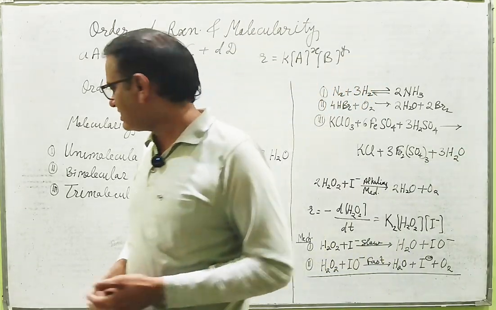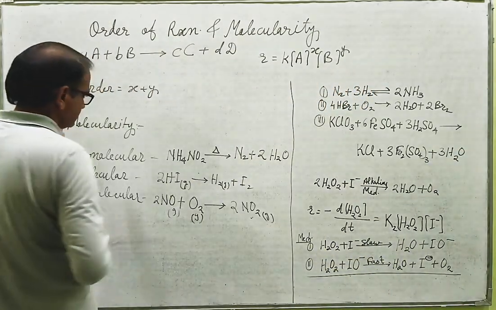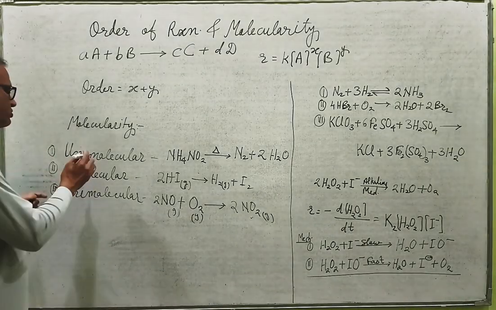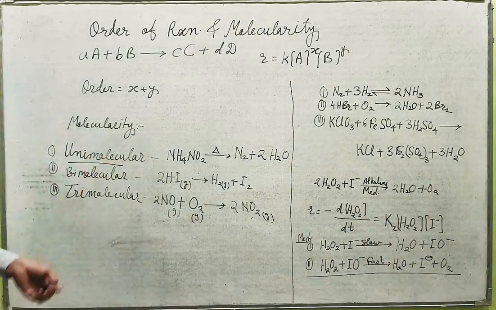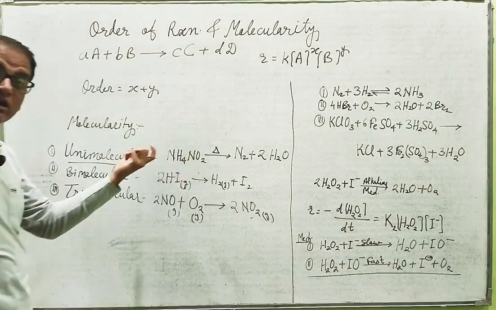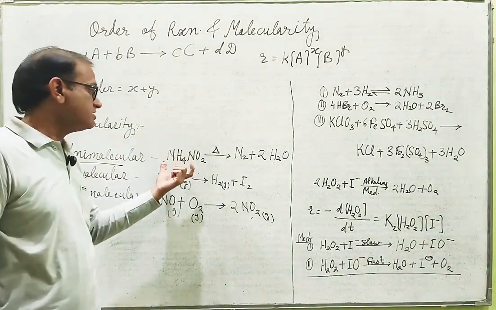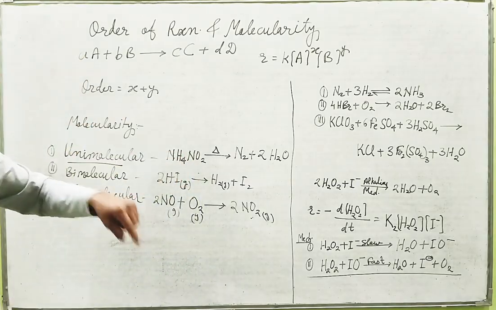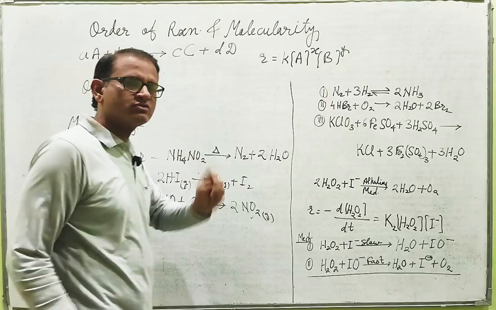So the molecularity, let us take some examples. The reaction may be unimolecular. Unimolecular means the number of molecules taking part is 1. If we are heating ammonium nitrate, it will break up into nitrogen and water.